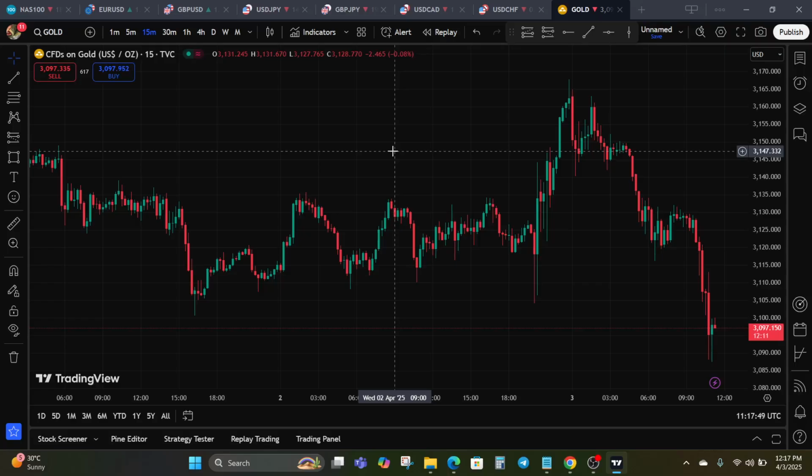Now, how do you set up the best 15-minute gold scalping strategy? To make the most of this strategy, we use a combination of indicators and price action analysis. Some of the indicators to use include the 50 EMA.